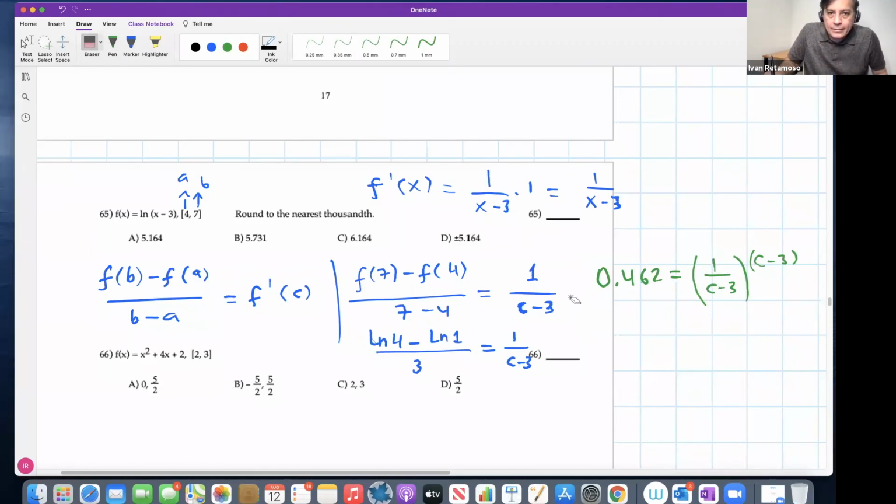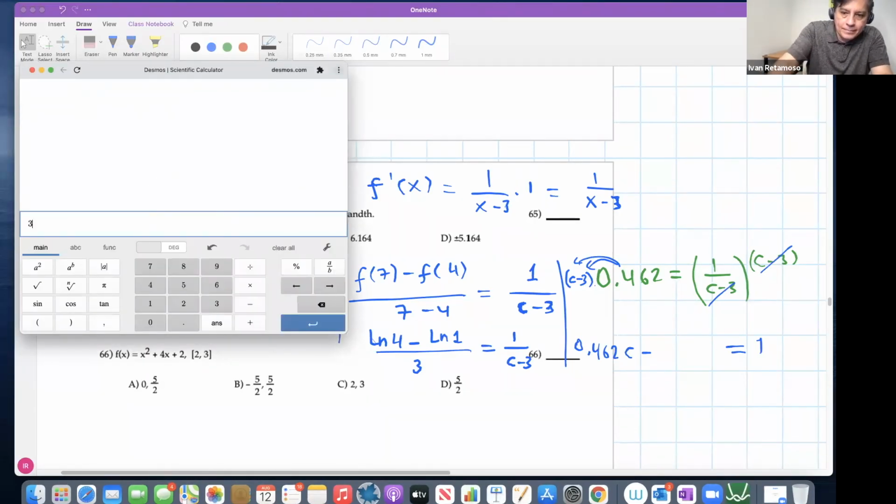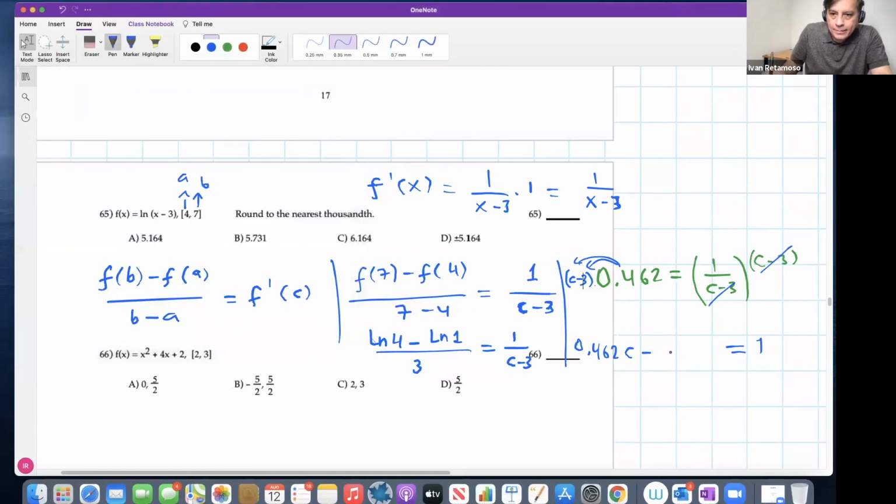Yeah, so let's see. Multiplying both sides by this c minus 3, here this cancels, this is 1. This is going to be 0.462 times c minus 3 times 0.462, which is 1.386.